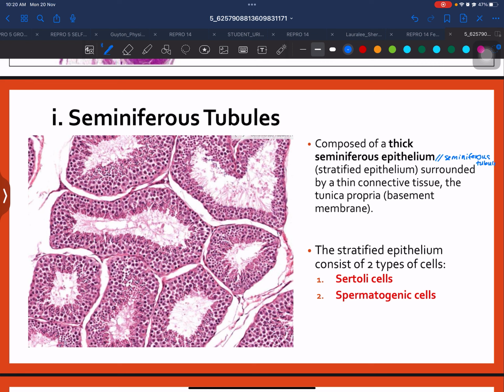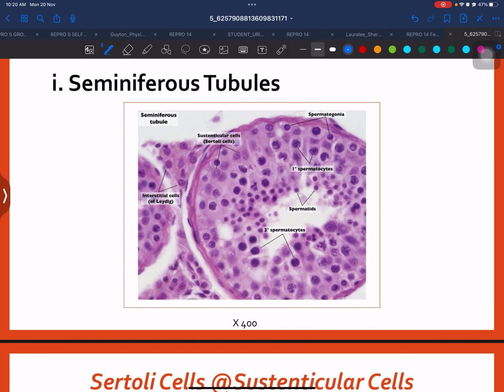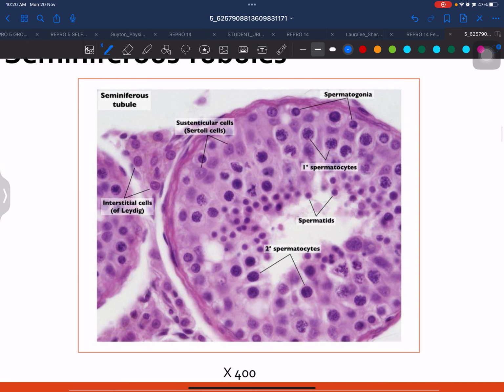So these are much clearer pictures. These are the basement membrane, and these are the seminiferous epithelium. In this seminiferous epithelium, we have the Sertoli cells and also the spermatogenic cells, from spermatogonia.